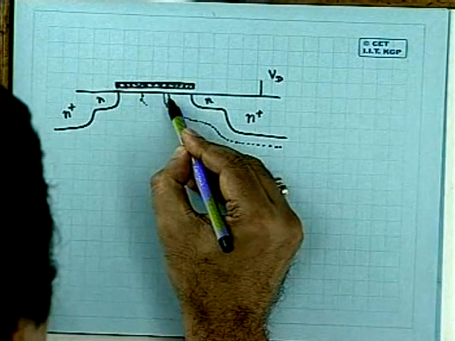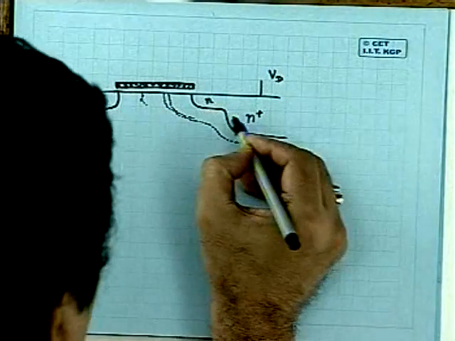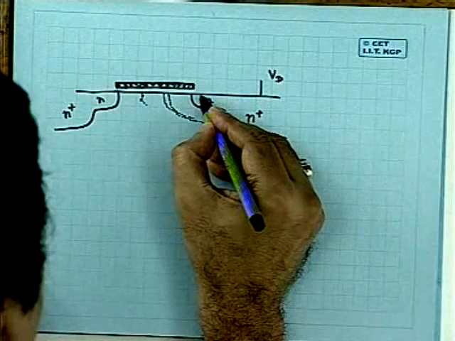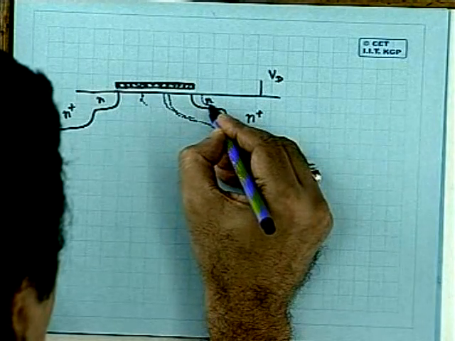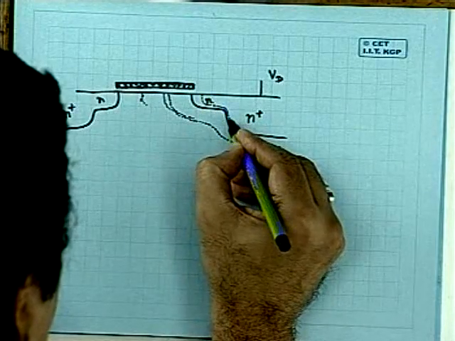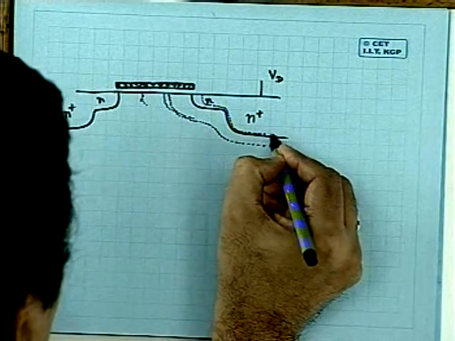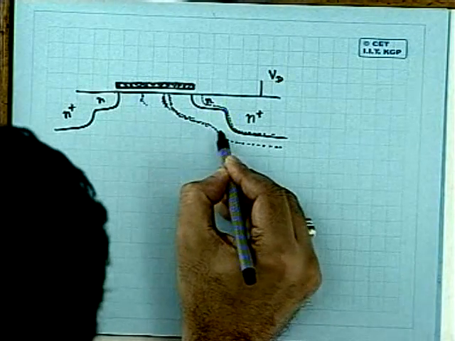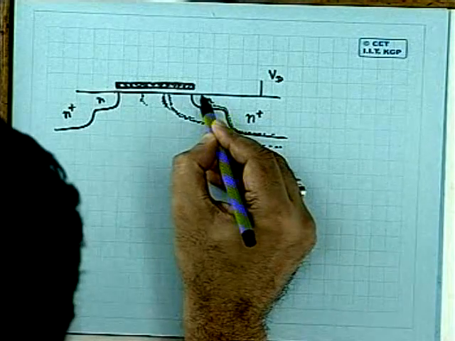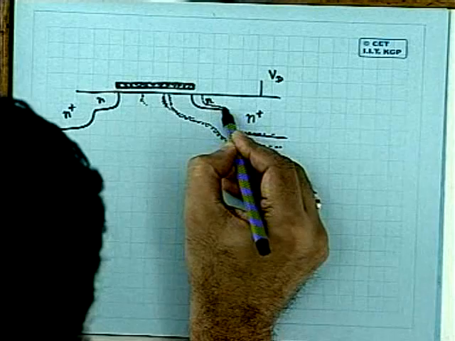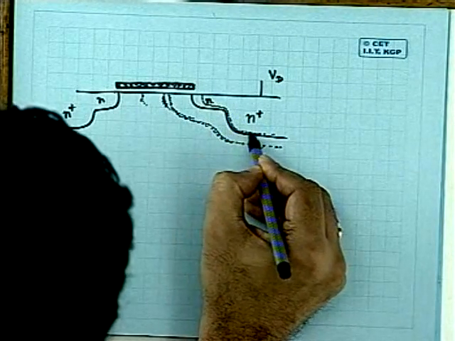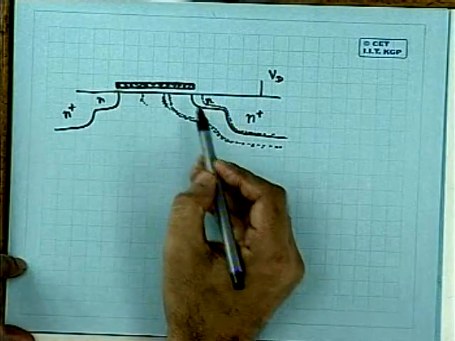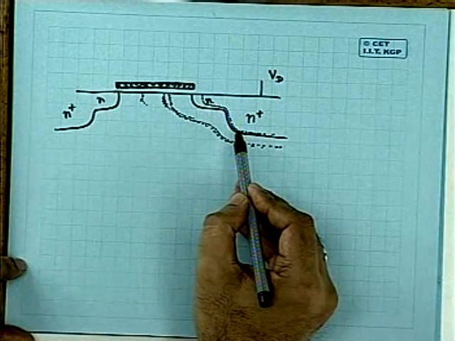Almost like this. Within the N plus region, what will be the depletion layer contour? This is the depletion layer within this channel, more or less like this. Whereas within the doped region of the drain, because here it is low doped, the depletion layer will be wider. Here it is highly doped, the depletion layer will be very thin.